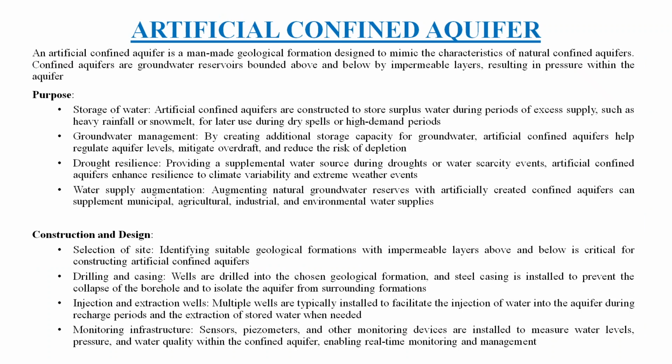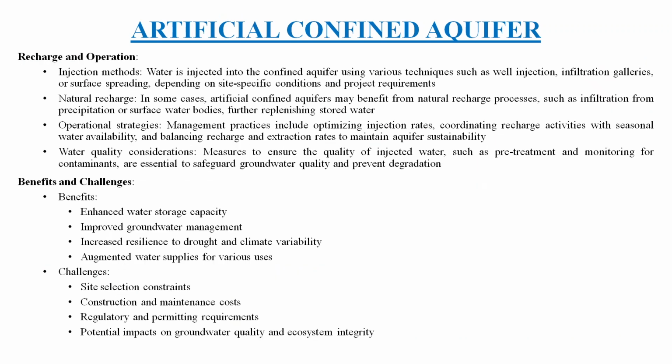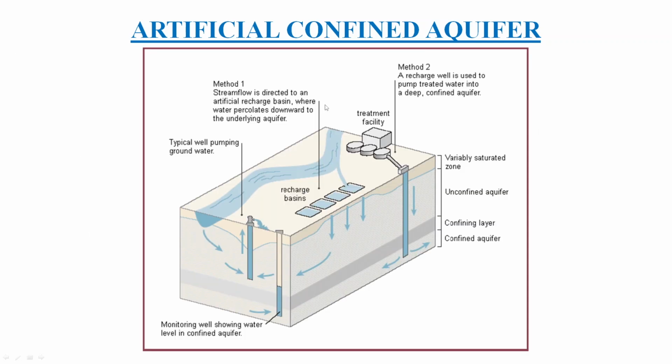So there are ways also to prepare an artificial confined aquifer, and it can be recharged. The benefits are that they provide enhanced water storage capacity and improved groundwater management, but the challenges are always the site selection, construction and maintenance costs involved.